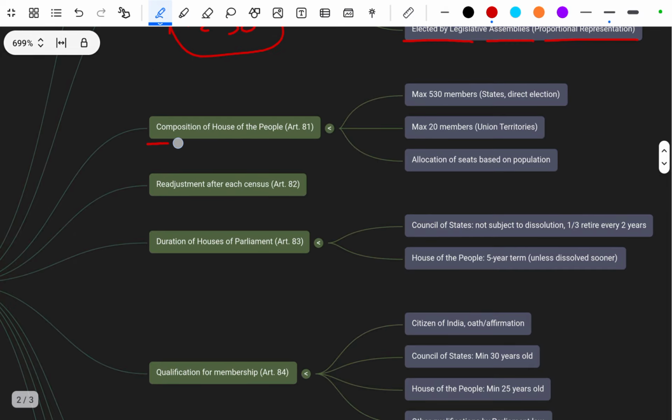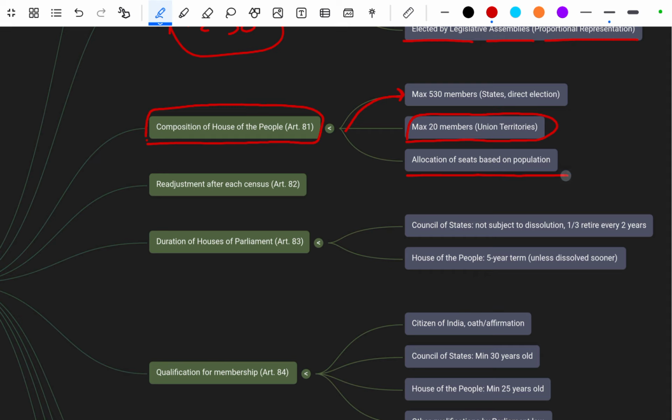Next is the composition of the House of People, Article 81. So basically it mentions the maximum strength is 550: 530 from the states by direct election, and maximum 20 from the union territories. Okay. So allocation of the seats is based on the population.